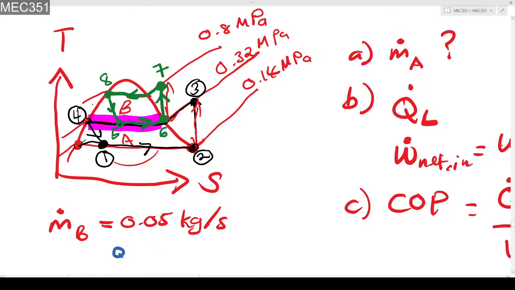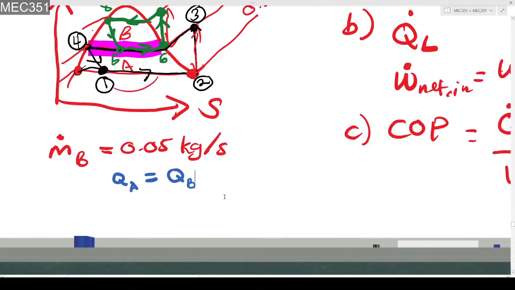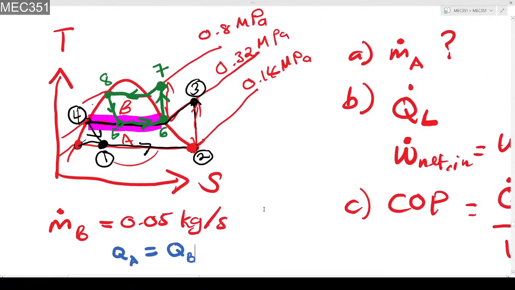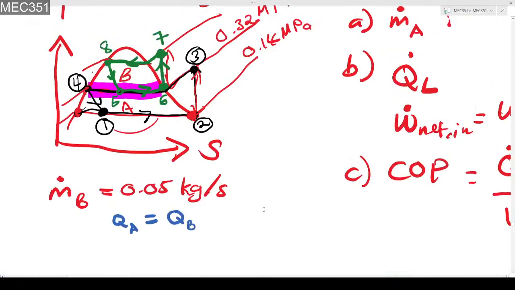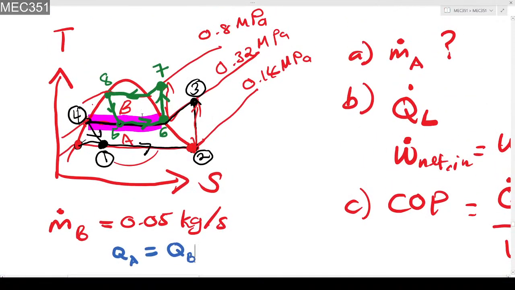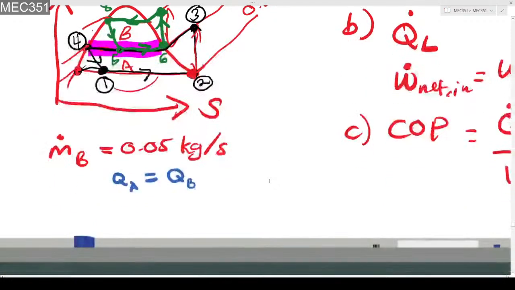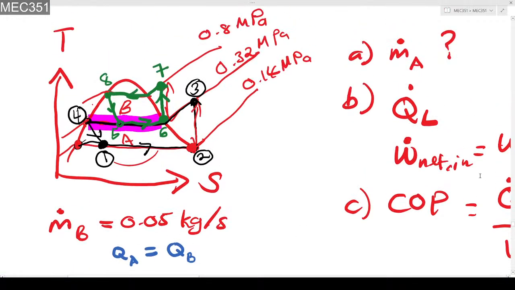Q dot A will be transferred to Q dot B, assuming there is no heat loss, because the question has mentioned this is adiabatic heat transfer. So from QA we transfer to QB, 100% transferred.